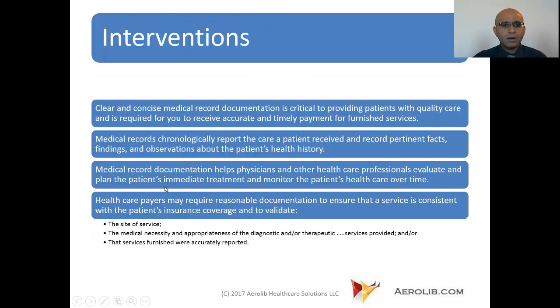What we'd like to talk about is interventions. So these need to be clear and concise medical record documentation. This is critical to providing patients with quality care, and it's required for hospitals, providers, and physicians to receive accurate and timely payment. Medical records report the care a patient received, and record the pertinent facts, findings, and observations about the patient's health history.